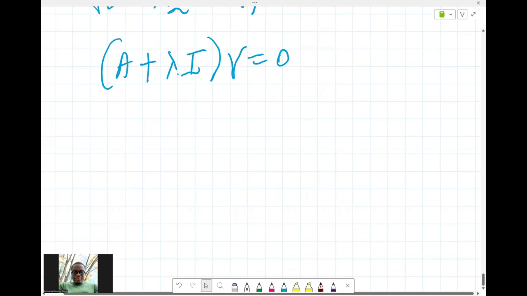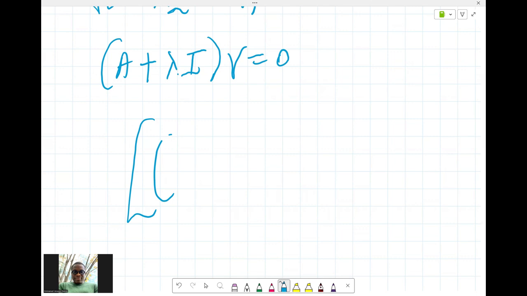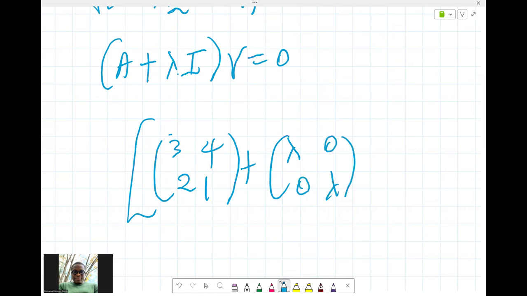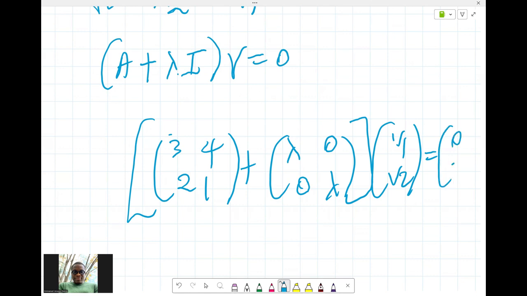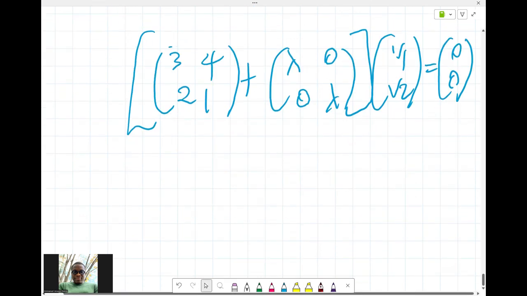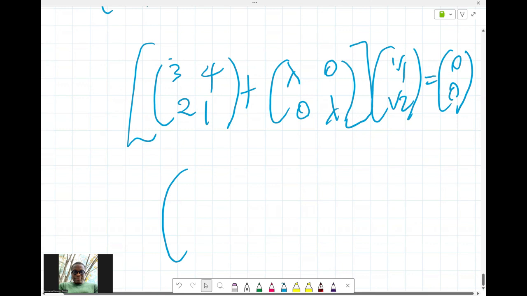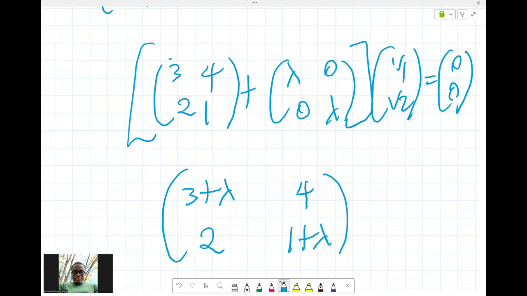Again, A is 3, 4, 2, 1, plus 1, 0, 0, 1, times v1, v2 equals 0, 0. And then this is 3 plus 1, 4 plus 0, 2 plus 0, 1 plus 1, times v1, v2. Oh, why am I still having lambda? Sorry.